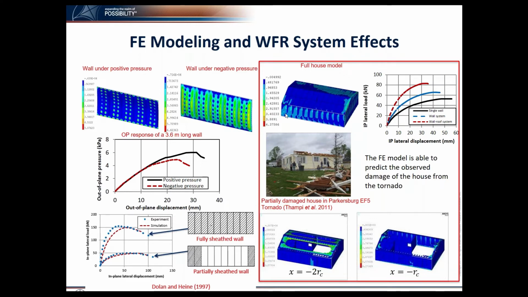So we did that using this full house finite element model, and you can see the resistances are higher for a wall to roof system when the wall roof systems are intact. And we also validated this full house model against a study in the literature.